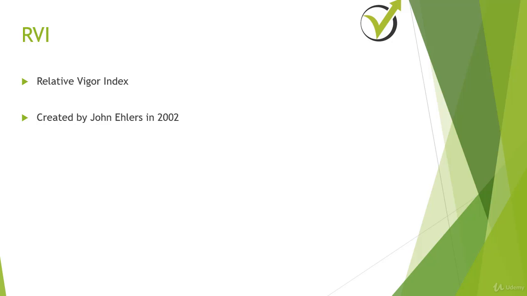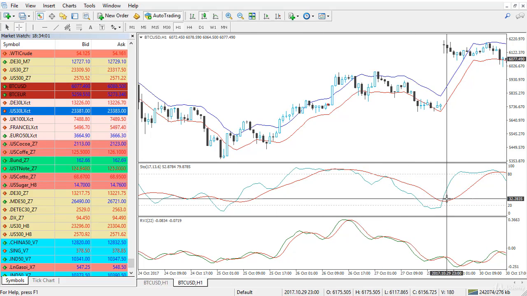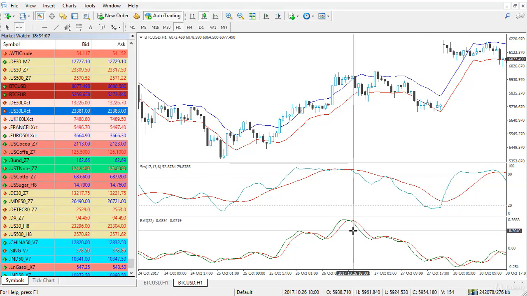Pretty old methods. That's why if you use just one of these indicators alone in the forex market or in the cryptocurrency market, and you will see a lot of people actually showing you so many strategies where they will say, oh, you need to buy when the stochastic is crossing, or you need to sell when the RVI is selling.